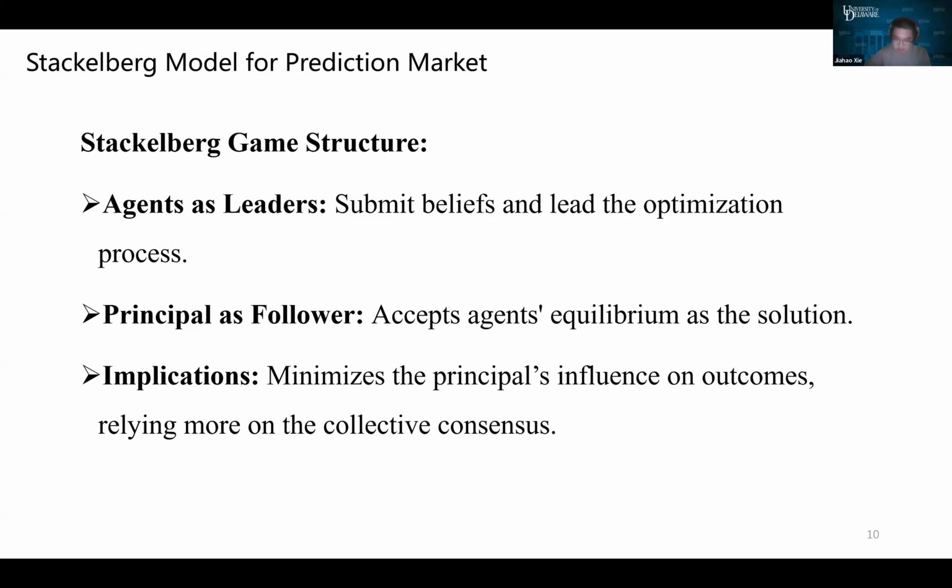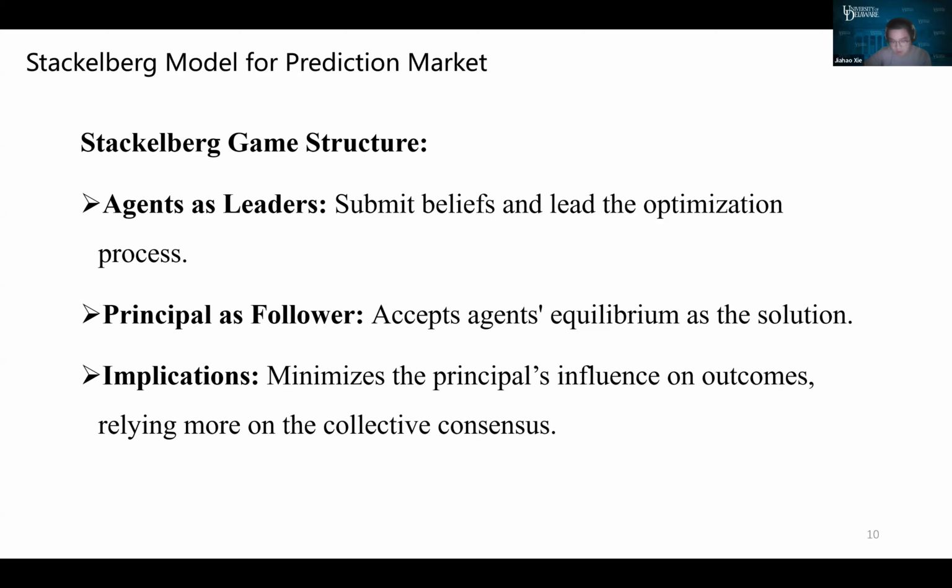To make this process more efficient and limit the principal's influence, the authors implement a Stackelberg model within this framework, which is a game theoretical model. In this model, the agents act as leaders, and the principal takes on the role of a follower.